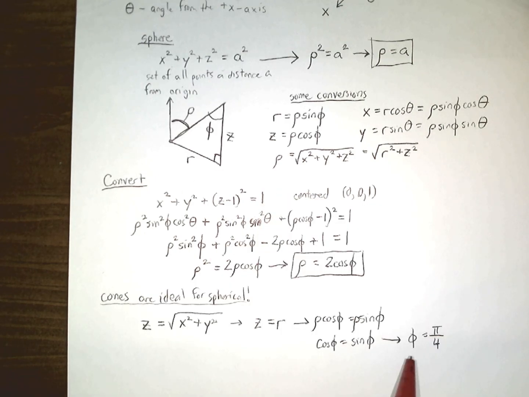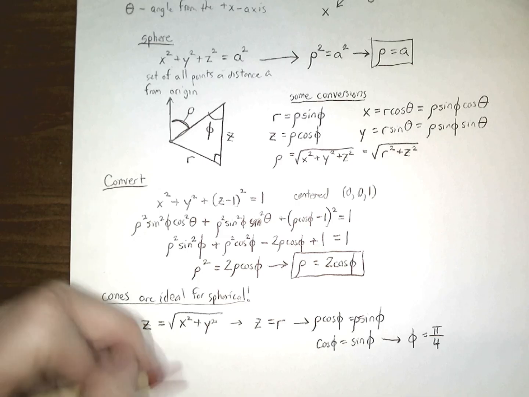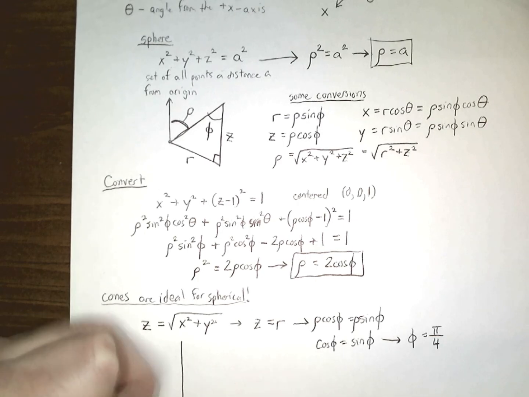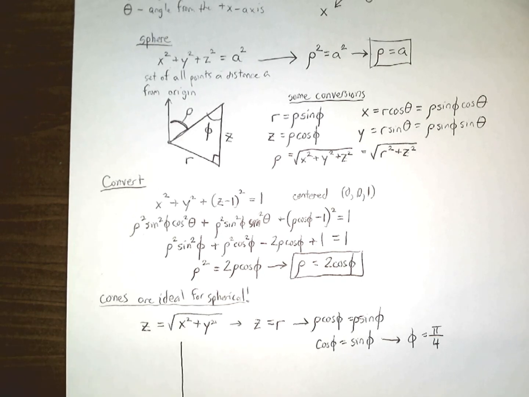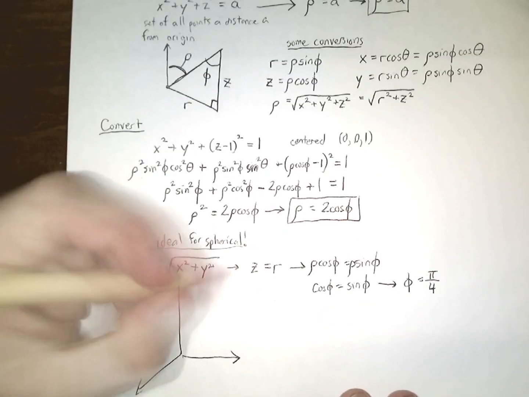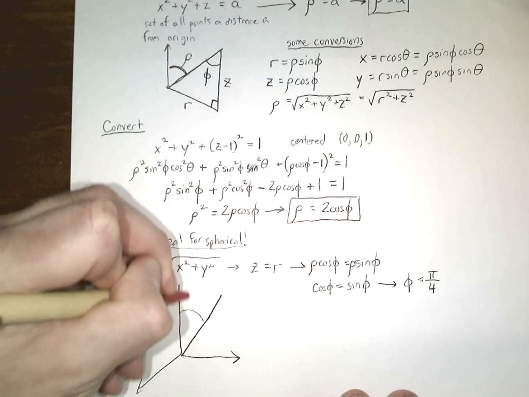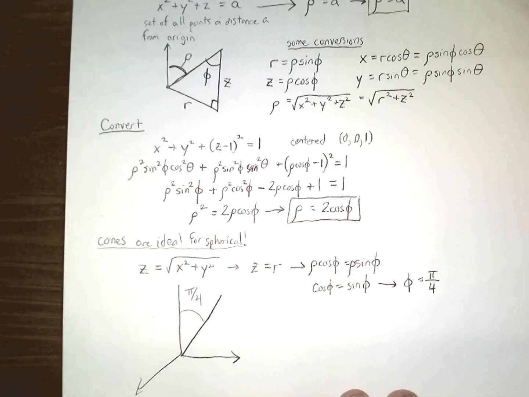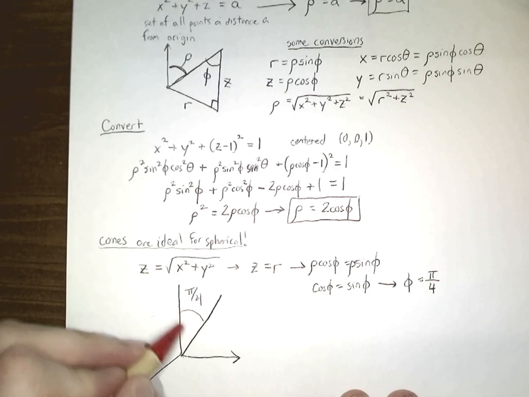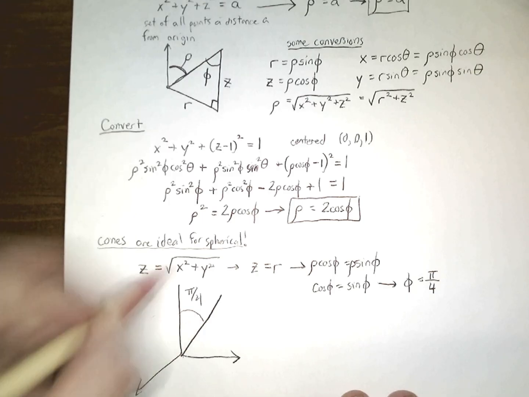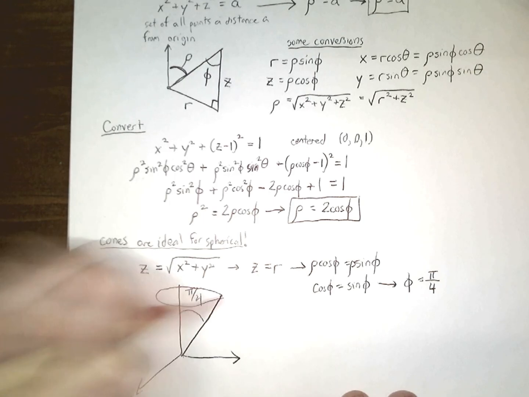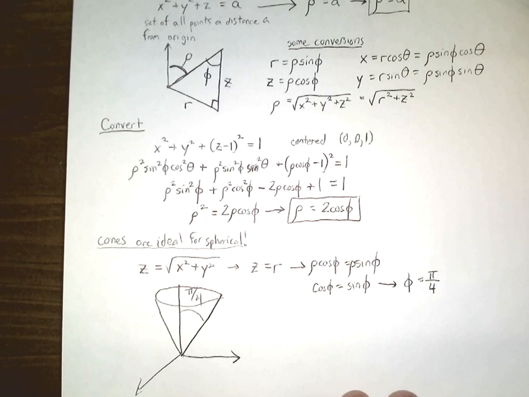And so what this is saying is the cone that we started with in spherical coordinates is just an angle. In other words, if this is my z-axis, we are measuring the set of all points that are some angle phi from that positive z-axis. We stop once we get to that angle, and then we rotate that line around. And what that generates is a cone.